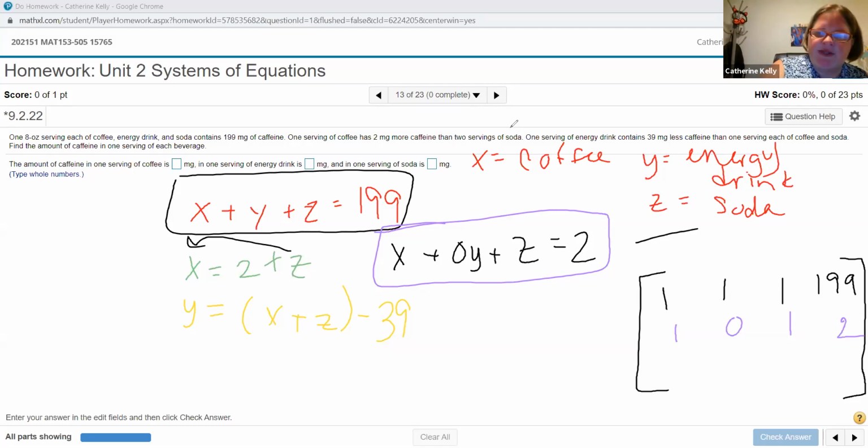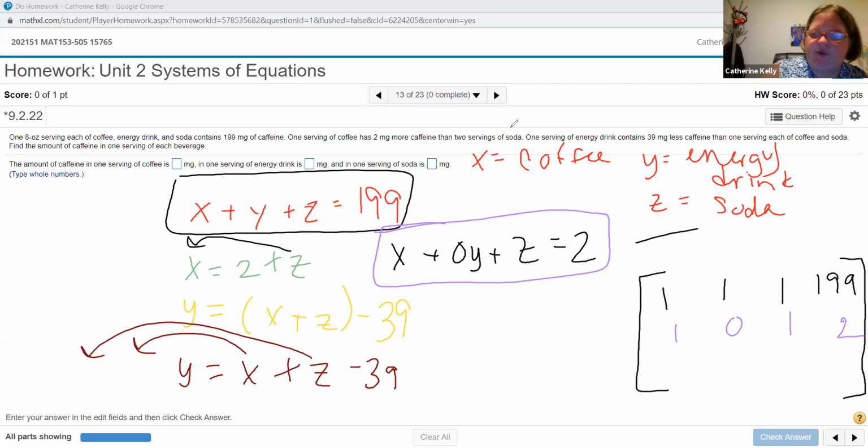And then the third equation, this parentheses doesn't matter because there's nothing to do in there. So it's X plus Z minus 39. You're going to bring your X over and your Z over. We're going to put it in the order of X, Y, Z though. The new equation is going to be negative X because I brought it to the other side, plus Y because it stays there on that side, minus Z because it goes to the other side, equals negative 39.